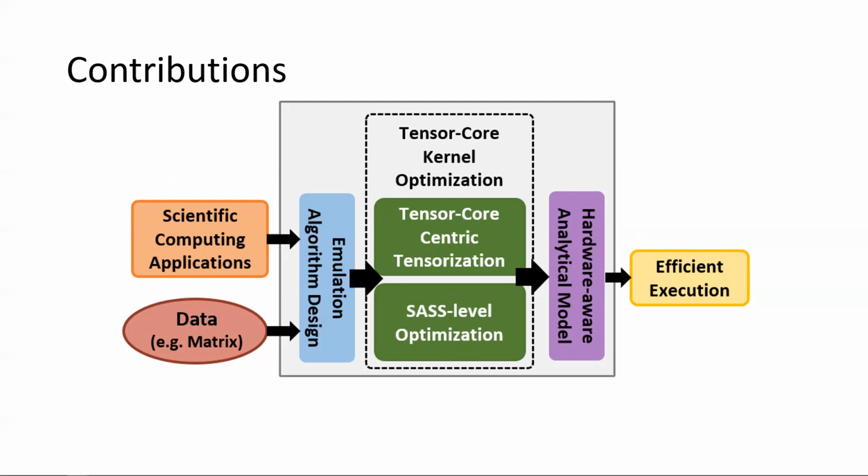It includes the tensor core centric tensorization to split the large matrix into much smaller matrices and map them to the tensor core. It also includes sublevel optimization to further improve the performance. The third part is the hardware-aware analytic model, which can automatically explore the design space. Finally, all of these three parts lead to efficient execution of the emulation and the scientific computing applications on tensor cores.